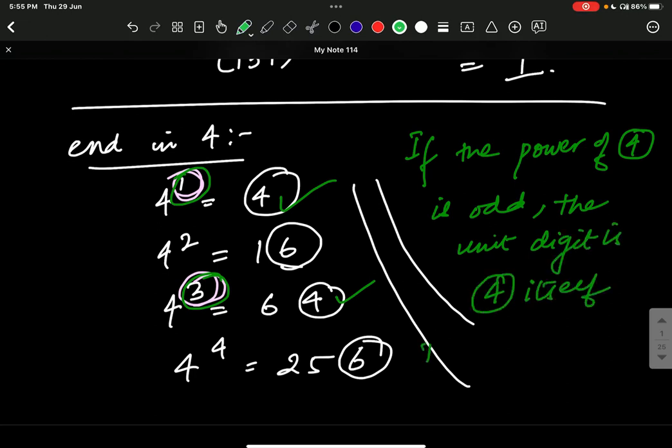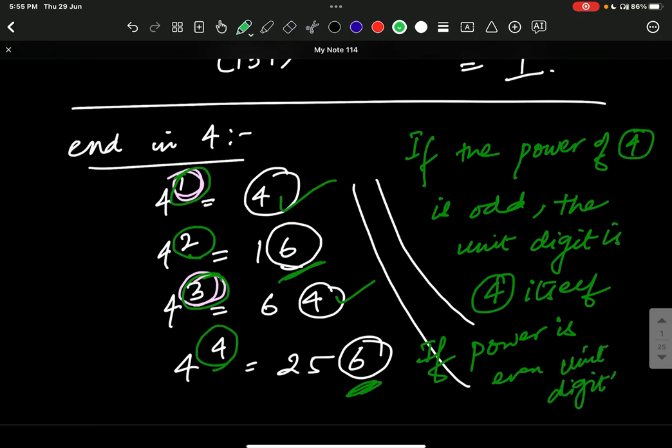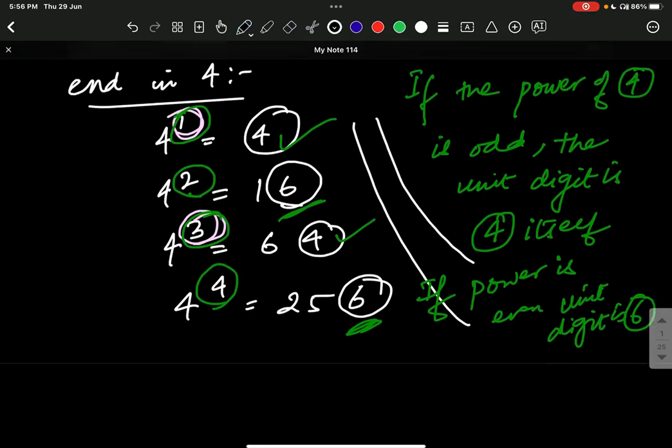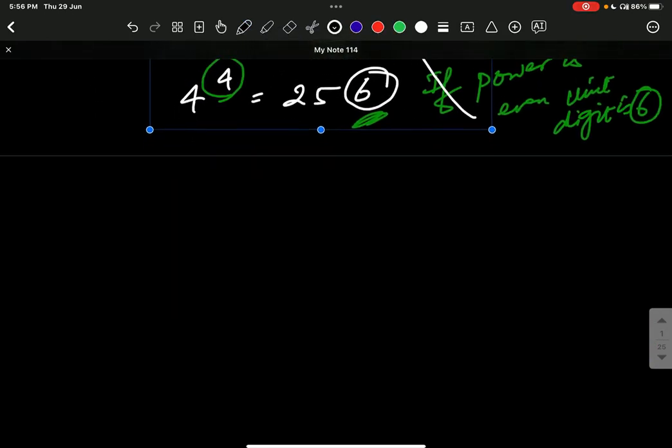And if the power is even, then what is the unit digit? You can see if it is 4 raised to the power 2 or 4 raised to the power 4, then the number is ending with 6. So the unit digit is 6, right?